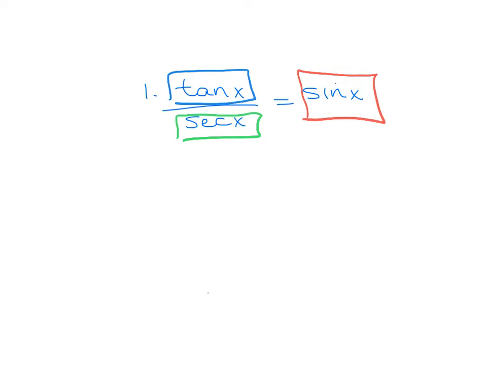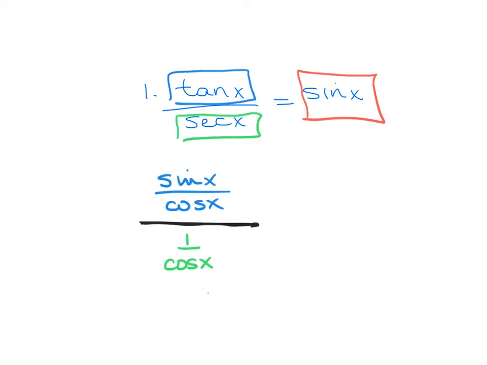So for my numerator, tangent now becomes sine x over cosine x. My denominator, that secant, is the reciprocal of cosine. I need to realize that this fraction bar, the black bar here, means division.